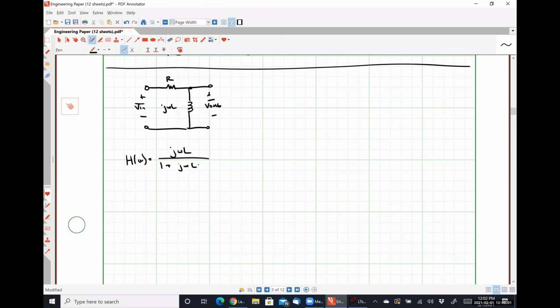If we want to break it down to a rectangular form, which is what we've been doing, we could put R minus j omega L here and R minus j omega L here. That is going to give us, oh, no, hold on just a second. There shouldn't be a 1, it should be an R. I apologize for that. I was used to writing the 1 from the capacitor, right?